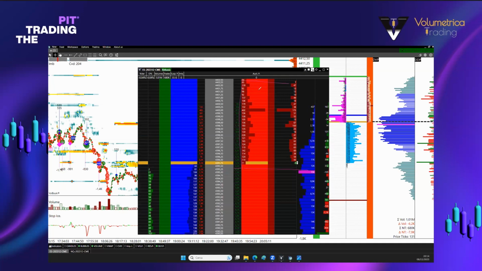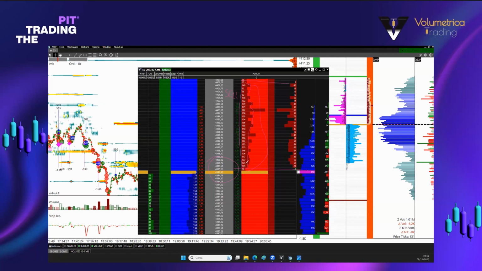So if those are passive orders above the current traded price, those are sell limit orders. And you can see here how many orders are stacked on every single level above price. Those are passive sellers.